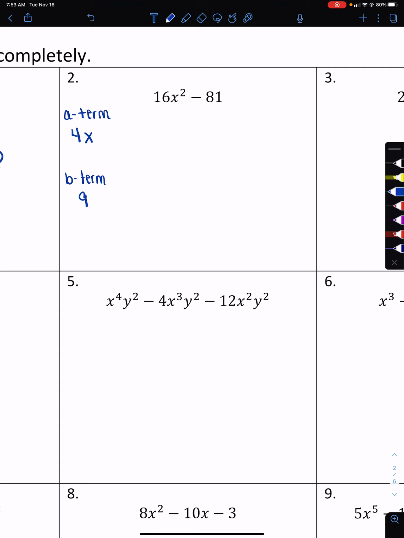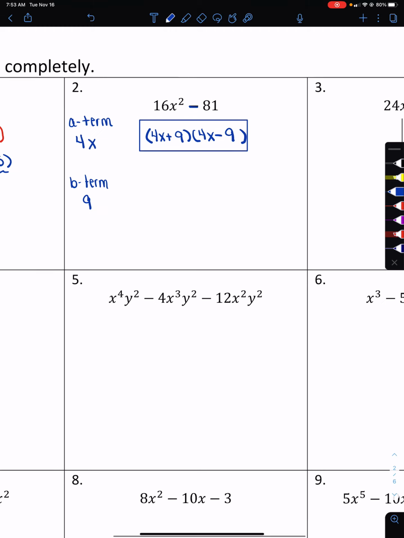Okay, so since they are both perfect squares and they are the difference of squares, the shortcut that I can use here is I'm going to have 2 factors. They're both going to have the a and the b, so they're both going to have 4x and 9. The first time we're going to add them, second time we're going to subtract them, or subtract them and add them, and those are our factors.